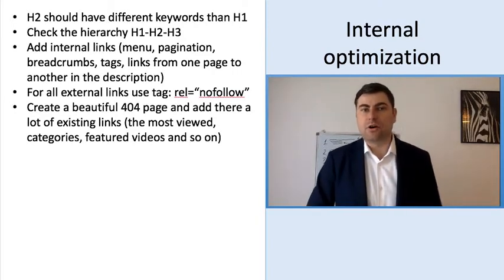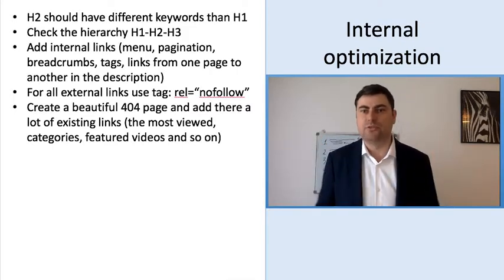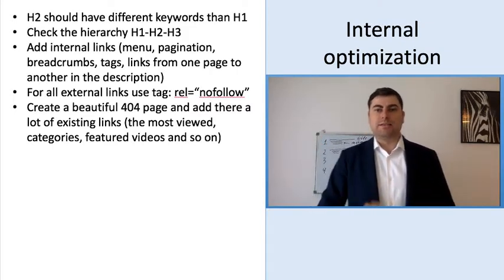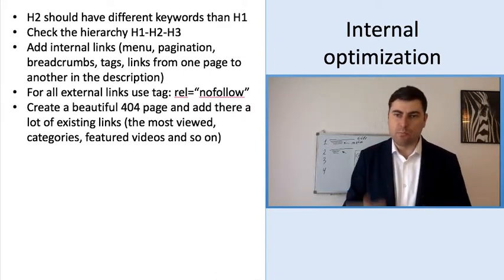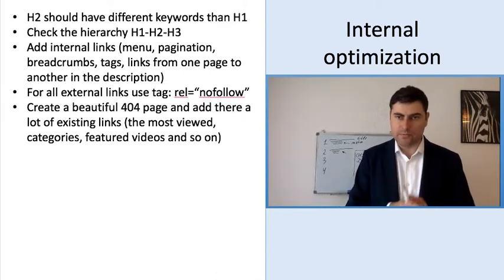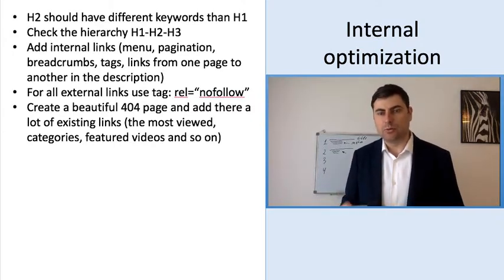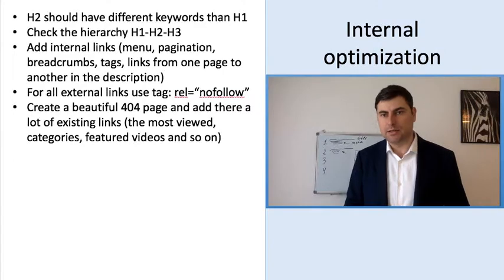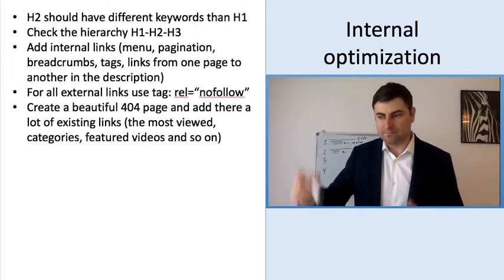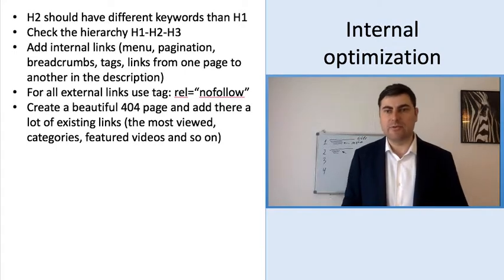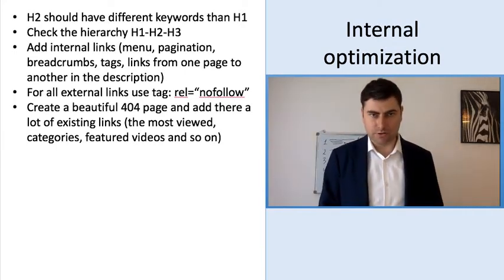Then add internal links, as many as you can. Let's explain. The more links you have on your website, the more time users will spend on your website, and that will be seen by Google, and because of this behavior, Google will put you at the top of search results.